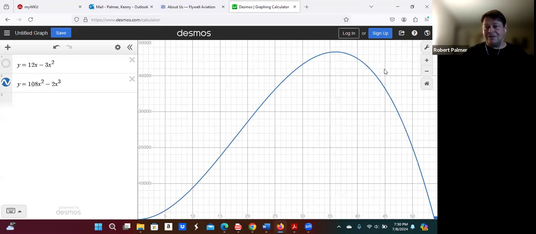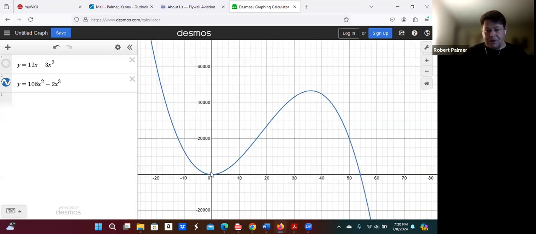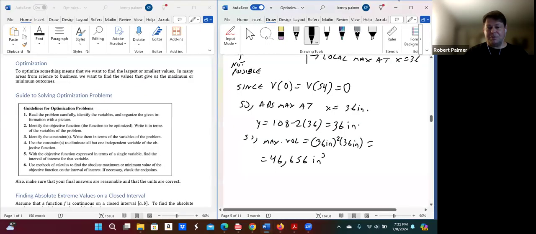Okay, and that gives us a better view of what we're looking at. All right, so here, as you can see in our graph, that was actually a local minimum there at 0, but since that's the boundary there, we can't go any further, but that would also be a local minimum. Remember, we'll go between 0 and 54, and right here, a local maximum at 36, as we said, our maximum volume is 46,656 cubic inches. Good. So we got what we expect.